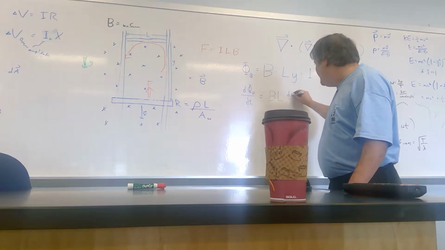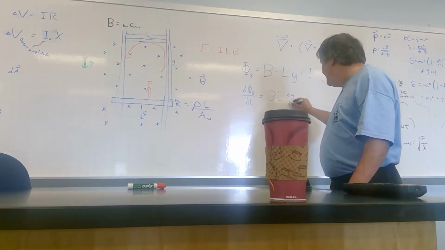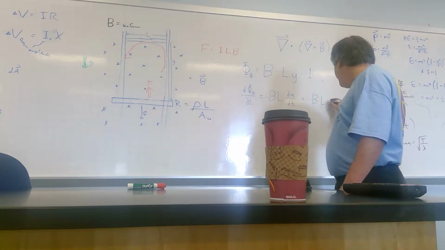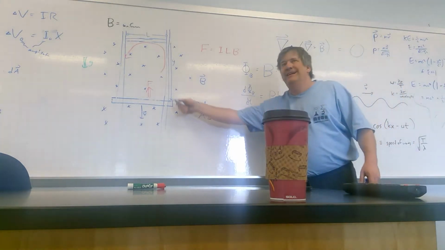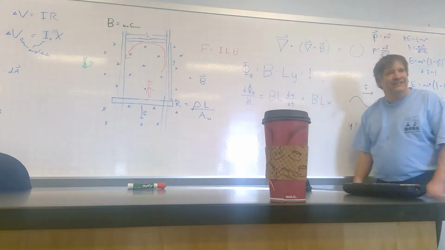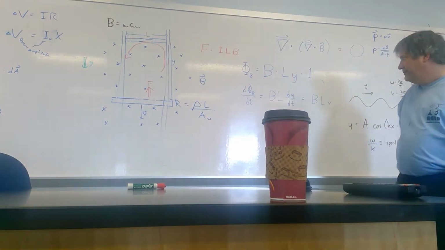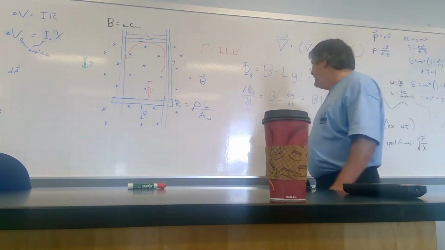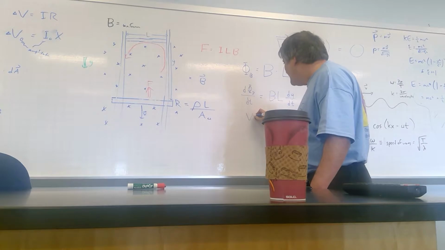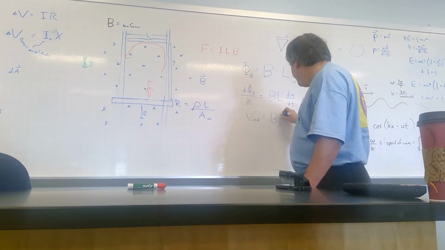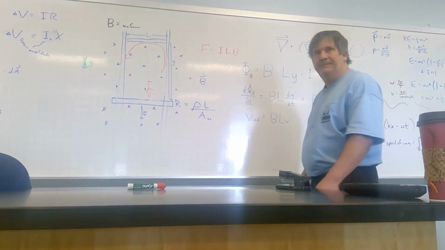The only thing that's actually changing is y, which means d flux dt is the B field times the length of that rod, times the velocity that that thing is falling at. All right, so there is my rate of change of the flux. That also means the rate of change of the flux is just equal to the induced voltage. So my induced voltage is BLv.